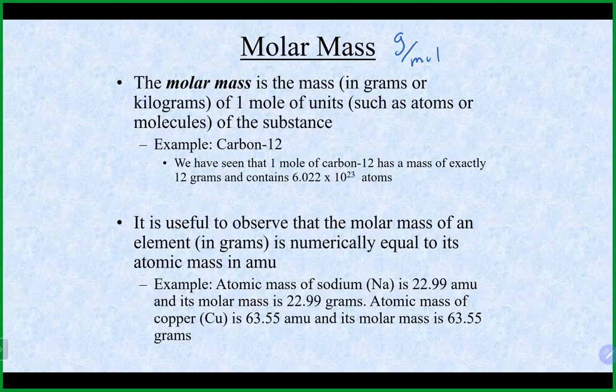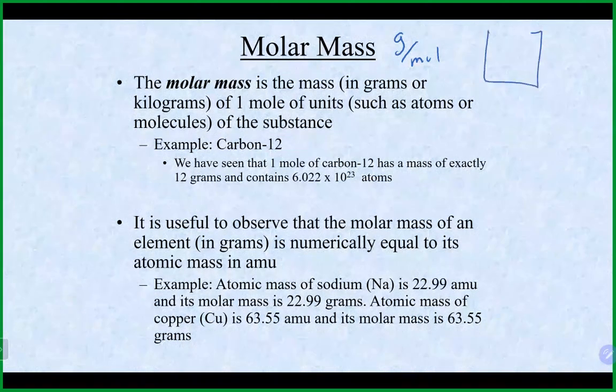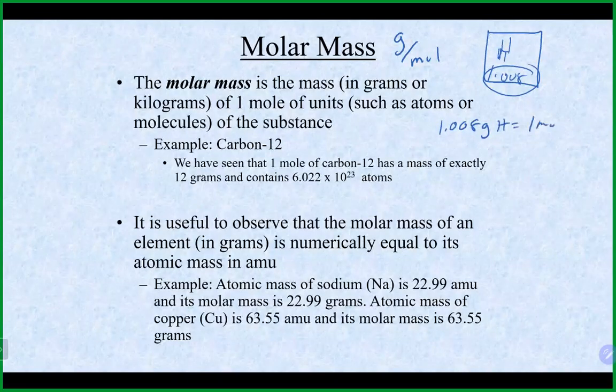So just like when we went to the periodic table and we saw that there was 1.008 AMU in an atom, we could go to the periodic table and pull that same 1.008 number off underneath hydrogen and say that there are 1.008 grams of hydrogen in 1 mole of hydrogen. That means that basically the molar mass of hydrogen is 1.008 grams per mole.